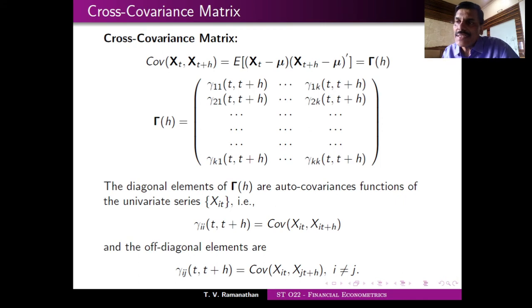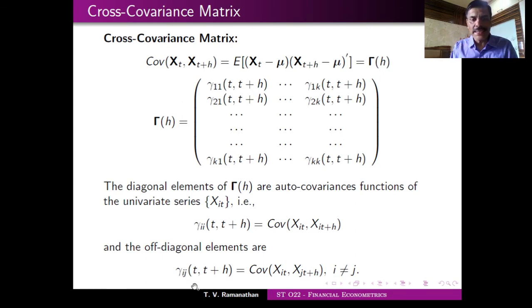So in such a case, what we have is this matrix, whose diagonal entries are basically the covariance series corresponding to the individual series in the vector, and the off diagonal entries are nothing but cross covariances. So the diagonal elements are autocovariance functions of the univariate series, and the off diagonal elements are cross covariances like x_it, x_jt plus h.